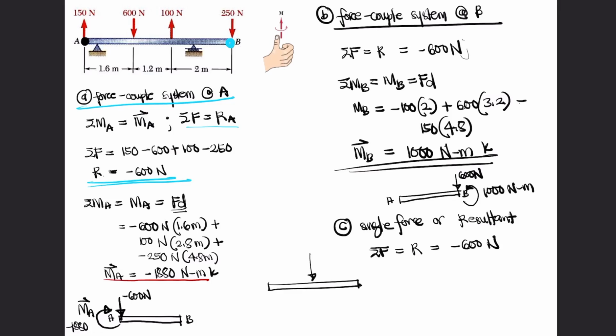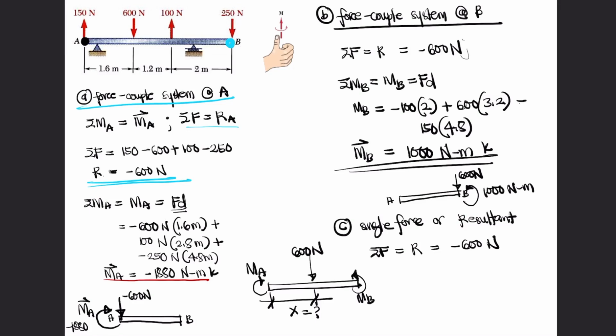Si 600 newtons na siya. Pero wala ta kabalo at what point siya mag-act on the beam, say X. Then we know nga natay moment diri, moment MA, kanipod moment MB.